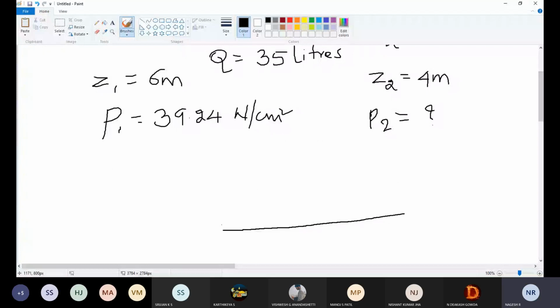This is a datum line. Just I will be explaining how it is.